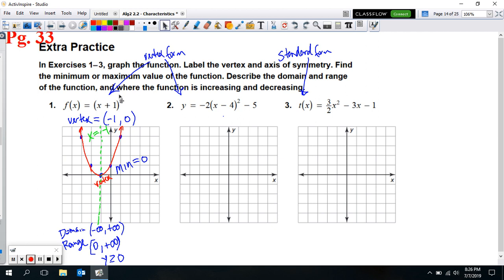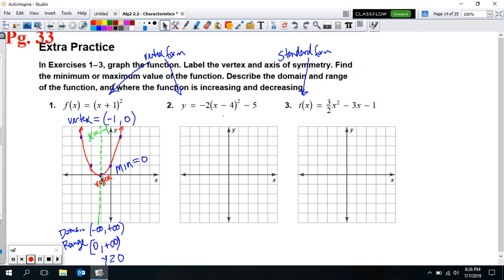The next one says, also describe where the function is increasing and decreasing. Now remember, if it's opening up here, it's going to be decreasing first. So it's decreasing from the left of this vertex number, which would be from x equals this, axis of symmetry, -1. So to the left of -1, it is decreasing.